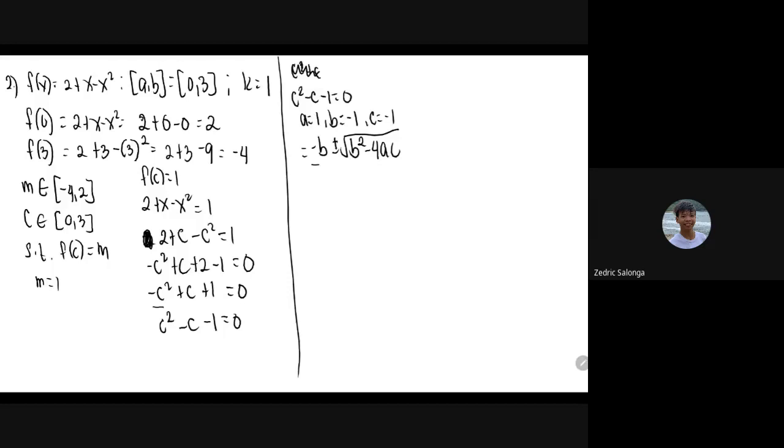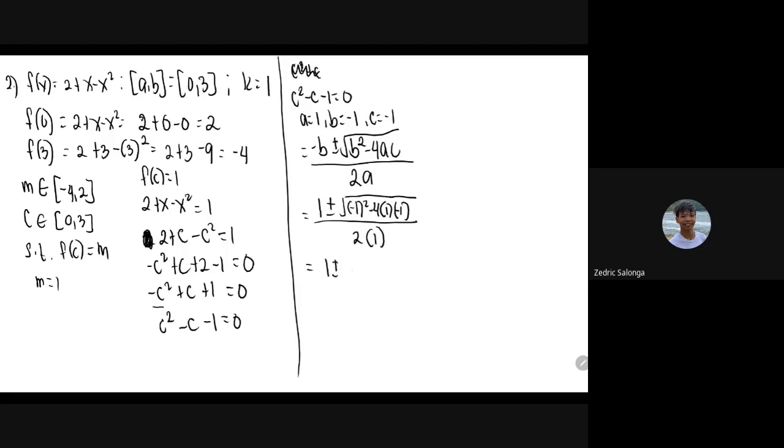So our b is negative 1, so negative b will be positive 1, plus or minus the square root of negative 1 squared, minus 4 times our a which is 1, times our c which is negative 1, all over 2 times our a which is 1.